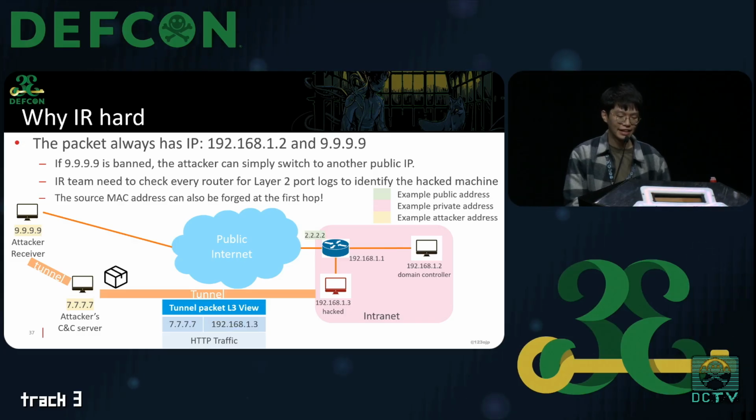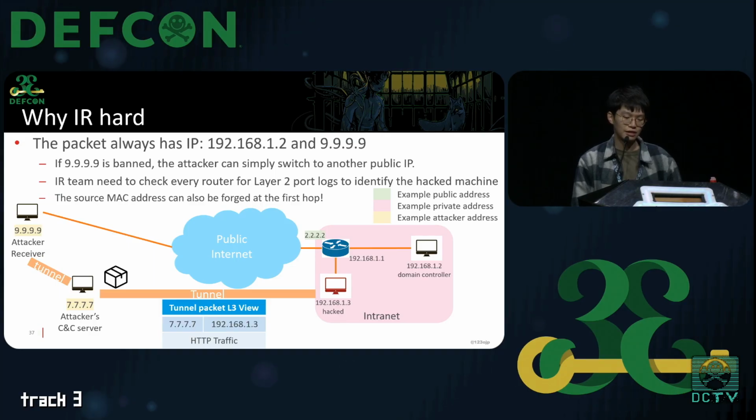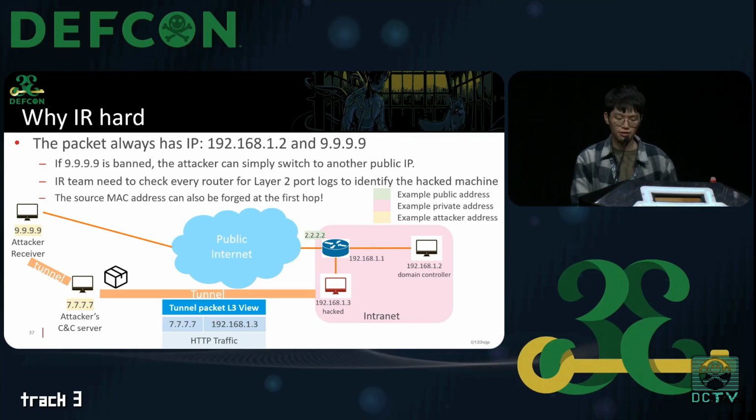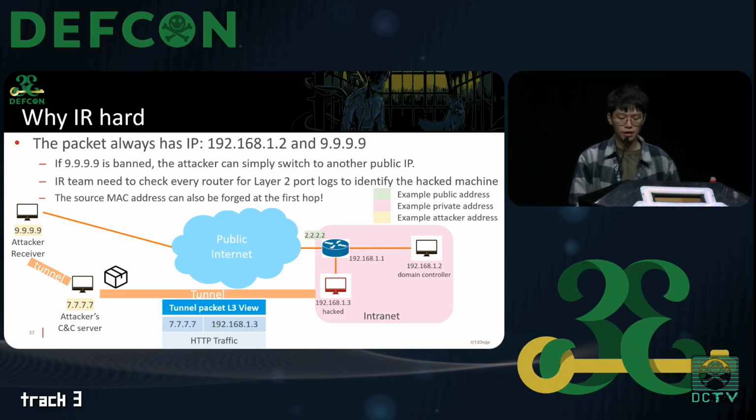So if 9.9.9.9 is banned, the attacker can simply switch to another public IP and attack the same target or a different target. The IR team would need to check every router for layer 2 port logs in order to identify the compromised machine. Also, the source MAC address can be forged at the first hop.